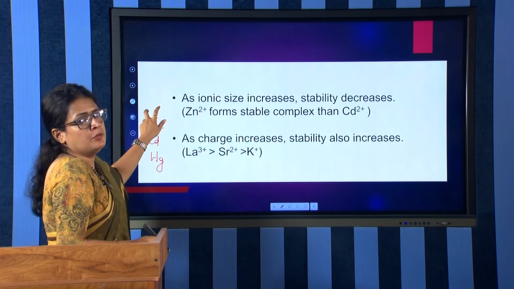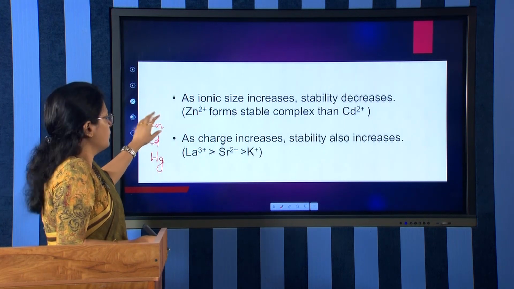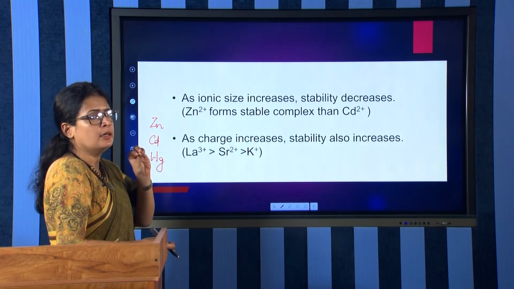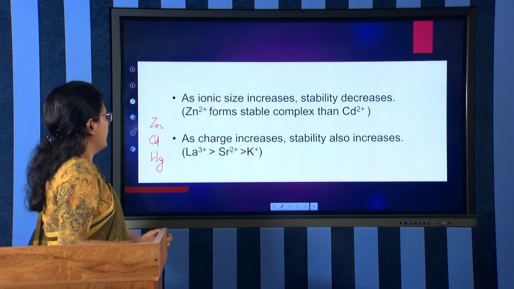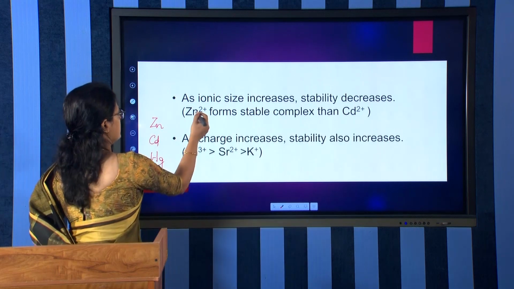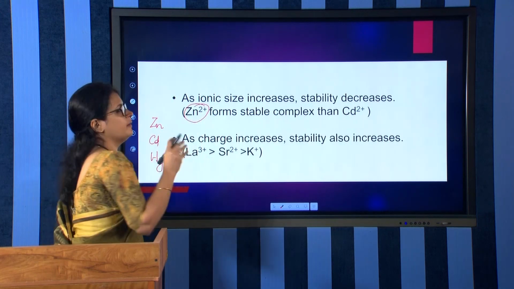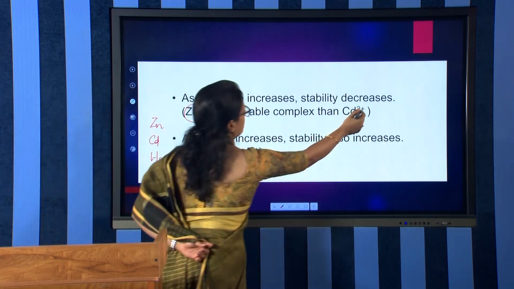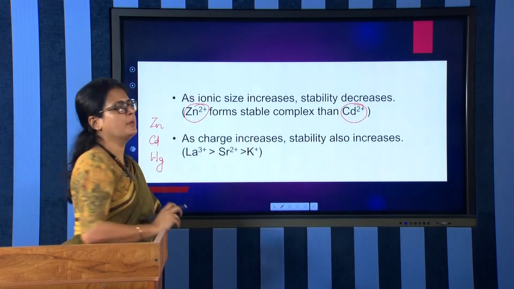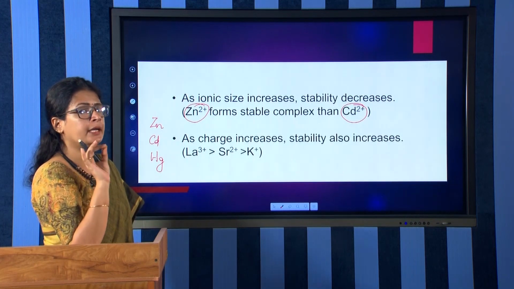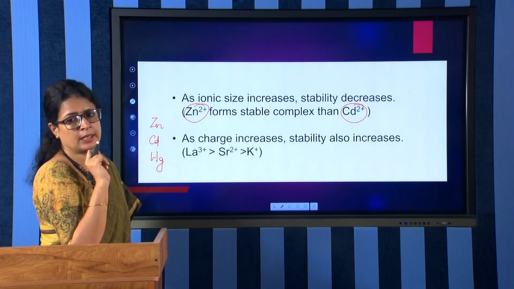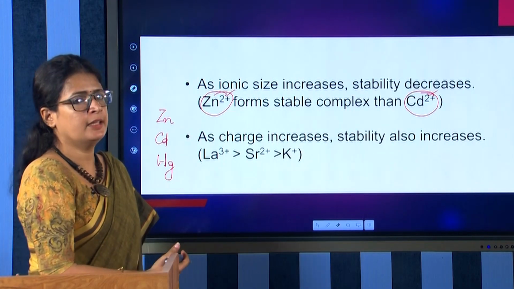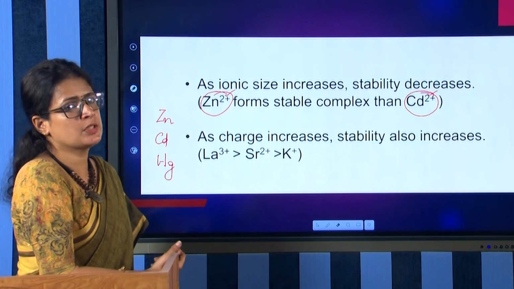The element on the top position will have a smaller size, and Zn2+ will be very small compared to Cd2+. So, zinc forms a stable complex since its ionic size is less. Now, the second thing in the nature of the central metal ion is the charge of the central metal atom.